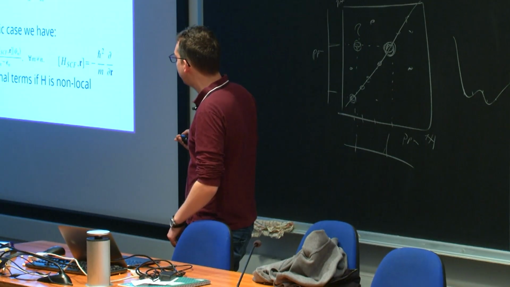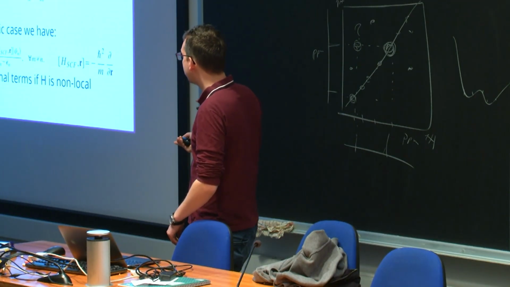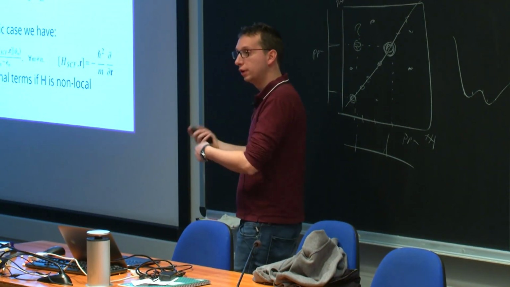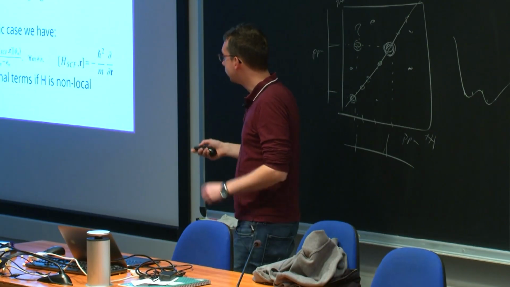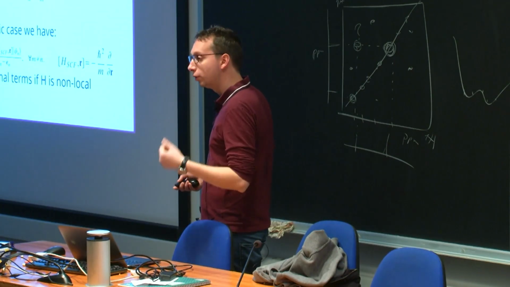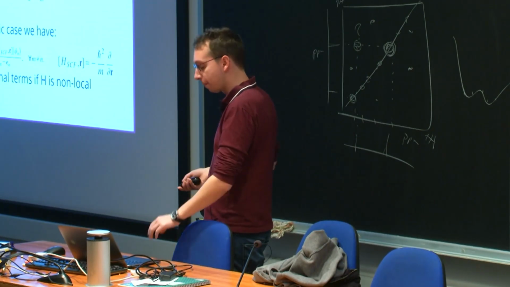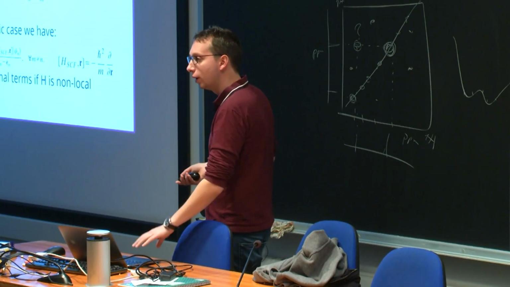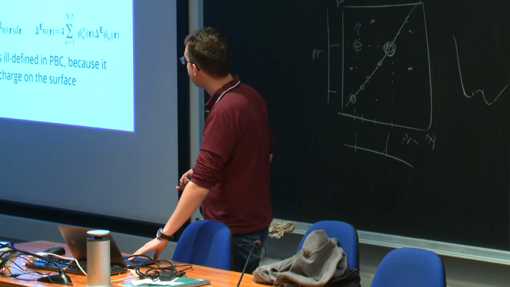This is the simplest possible form, but if the Hamiltonian is non-local, then you will have extra terms, which I'm not going to talk about, but it makes everything a bit more complicated when you have ultrasoft pseudopotentials or even norm-conserving pseudopotentials with some non-local projectors.